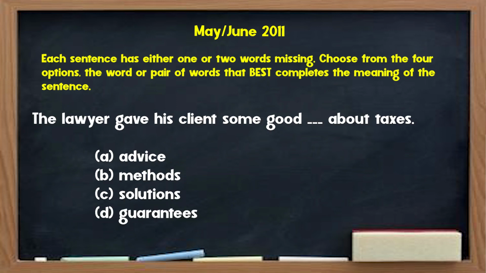The lawyer gave his client some good something about taxes. A, advice, B, methods, C, solutions, and D, guarantees.